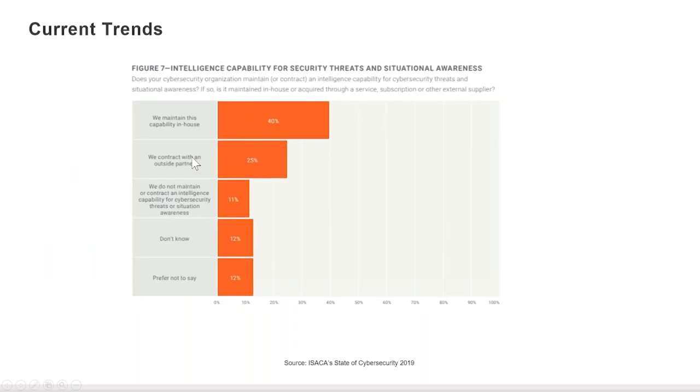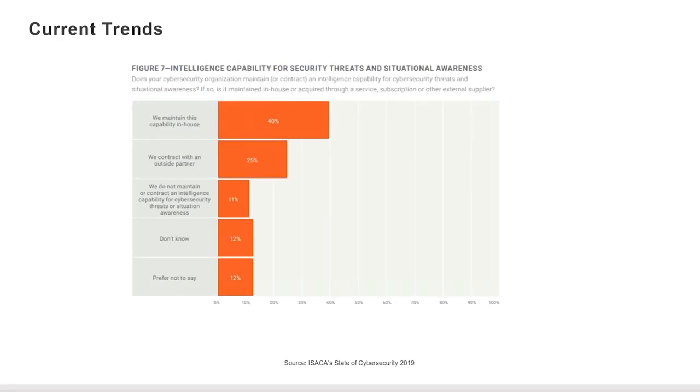Great, thank you. So this is actually part of the same study, but what it's asking is, in terms of your organization maintaining or contracting out the intelligence capability for your cybersecurity threat awareness, how many of you maintain this in-house? So you can see it's not too bad, it's 40%, as well as 25%. So basically 65% utilize threat intelligence.